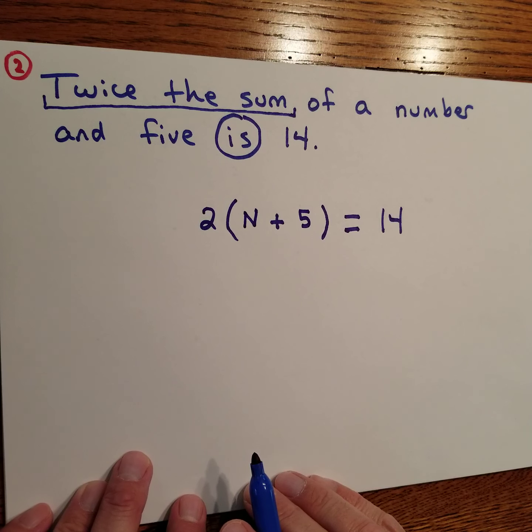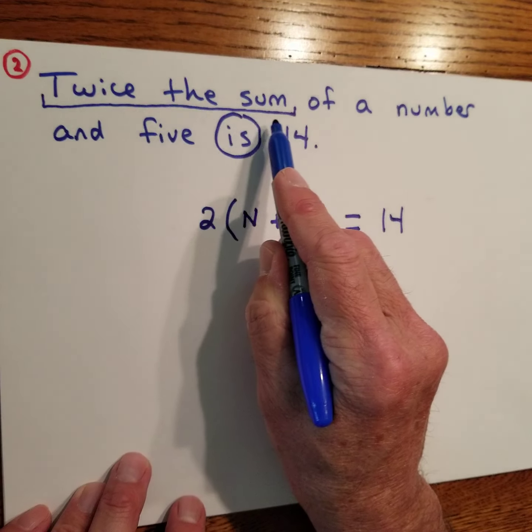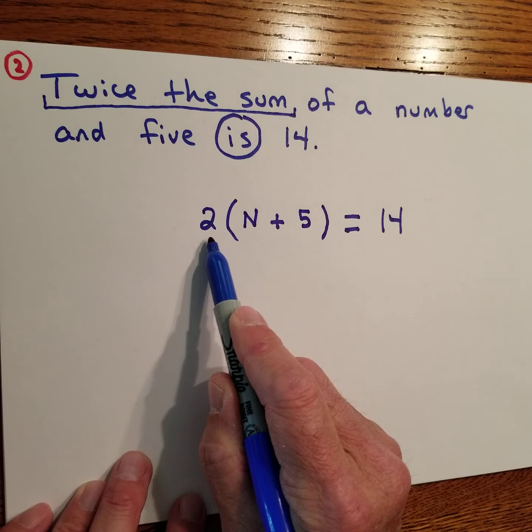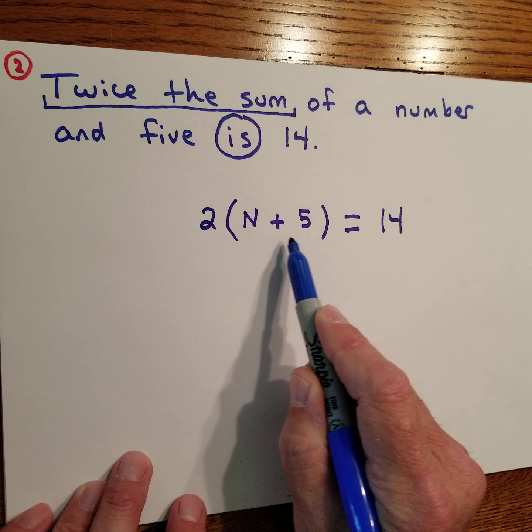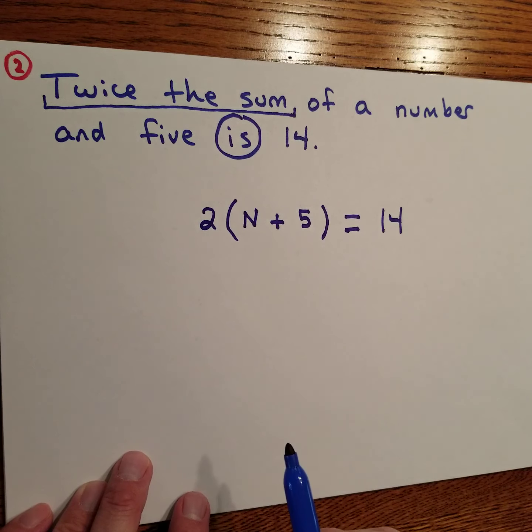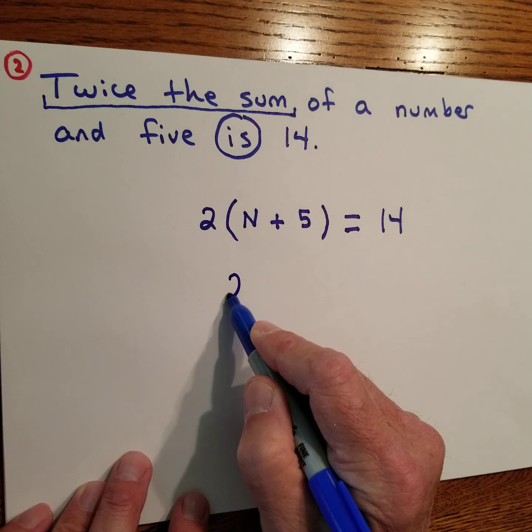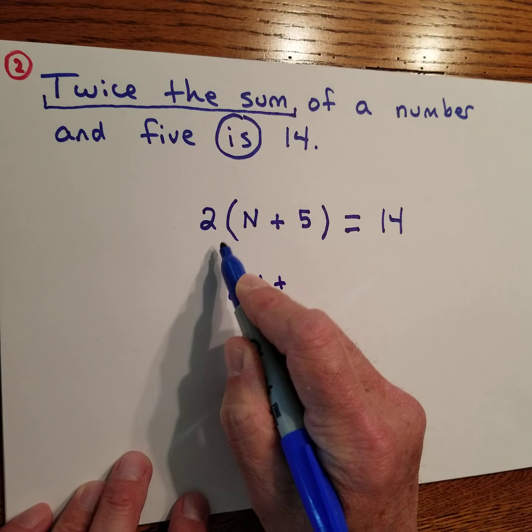Let's see if we've got it all. Twice the sum of a number and 5 is 14. Good. Now solve. We'll distribute the 2. 2 times n, 2 times 5.